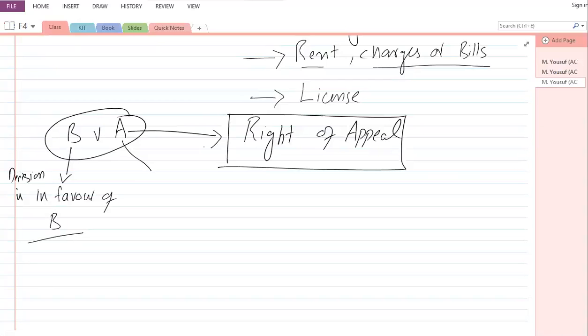For this purpose, A has the right to appeal in a higher court against the magistrate court that the decision was not right. So there are two points on which A can claim that the decision was wrong.